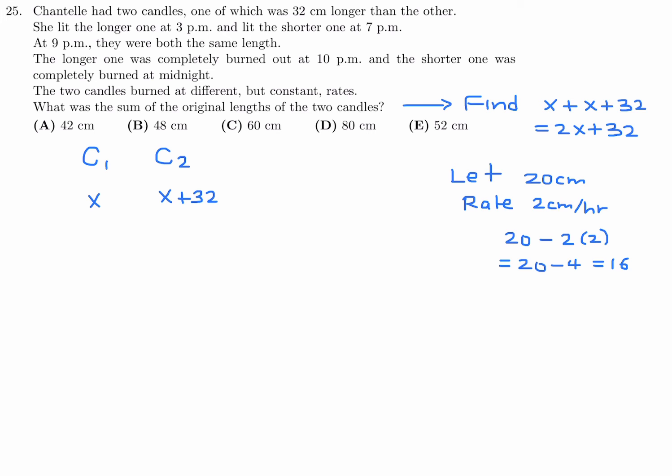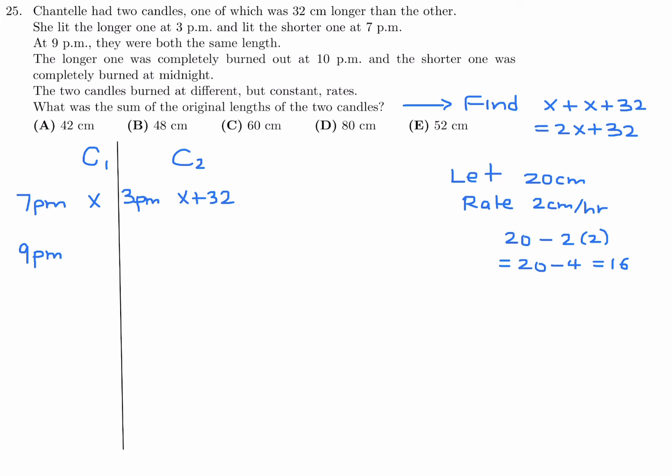So first, before I get into the rates, let me just write out the times. At the very beginning, we've got x and x plus 32. The very beginning for candle number 1 is 7 p.m. The very beginning for candle number 2 is 3 p.m. Now they are moving forward a little bit, and they're saying 9 p.m. for candle number 1.